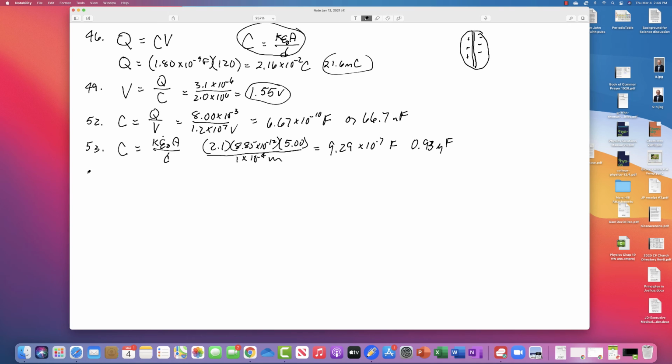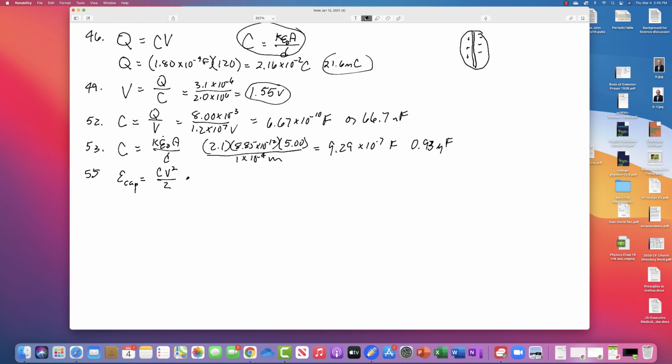And the energy, if you look in the book, you'll find that the energy of a capacitor is equal to its capacitance times the voltage squared divided by 2. The charge is equal to this, and the energy is equal to this, and you can look in the book at how they derive that.